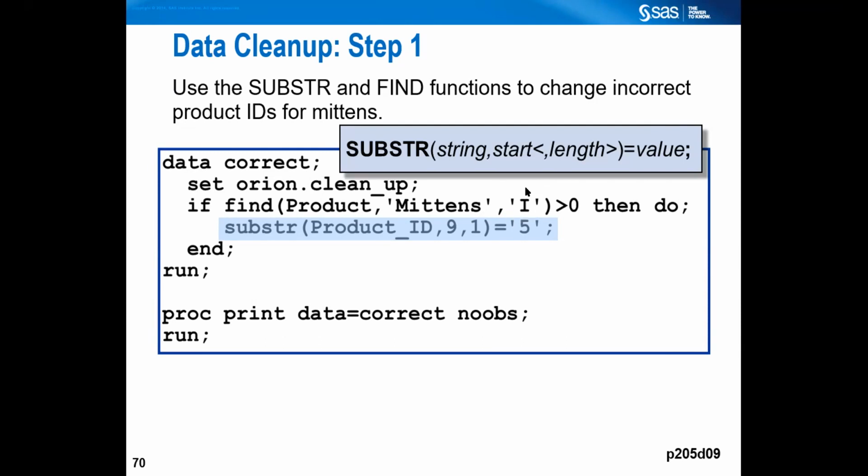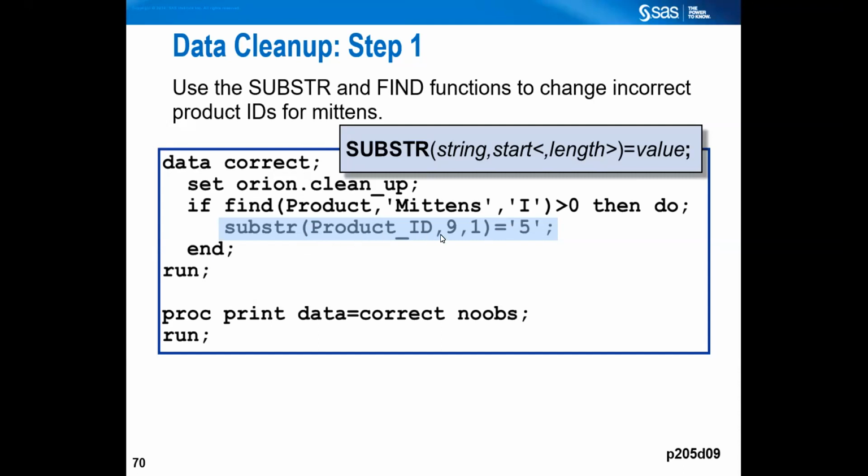As per syntax, even this has to be put into quotes with your I, the case insensitive modifier, and you're giving it like this, always greater than 0. That means if this condition is true, if it finds it and the value is greater than 0, only then it should do this substr.